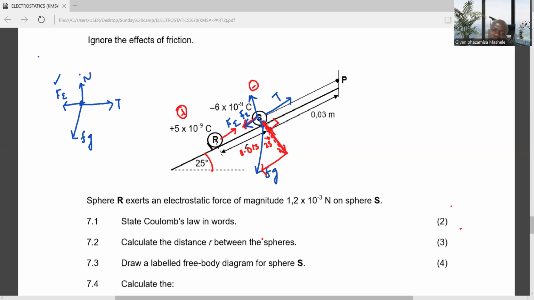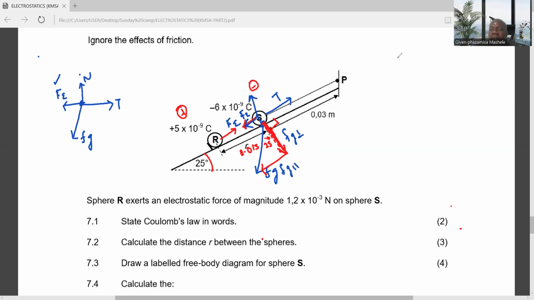So this is the component which you call FG perpendicular because it makes an angle of 90 degrees with the surface. And also this is the FG parallel. So we have components of FG. Let me just use the other color. So now this will be the FG perpendicular, force of gravity perpendicular, and this will be the FG parallel.